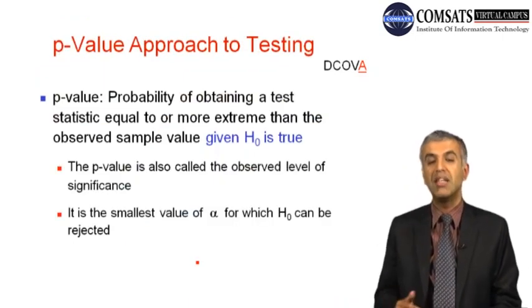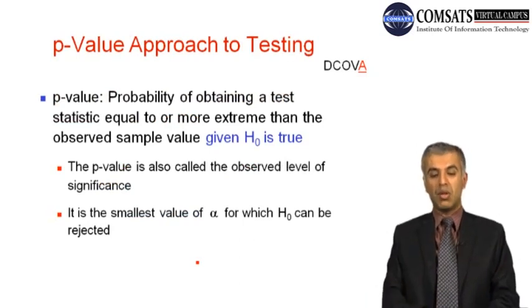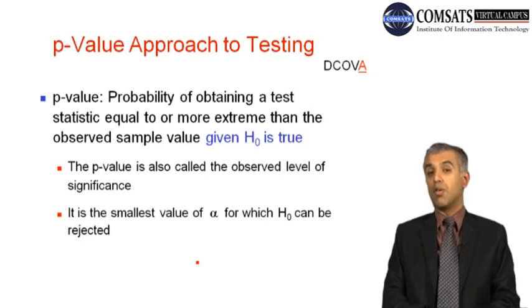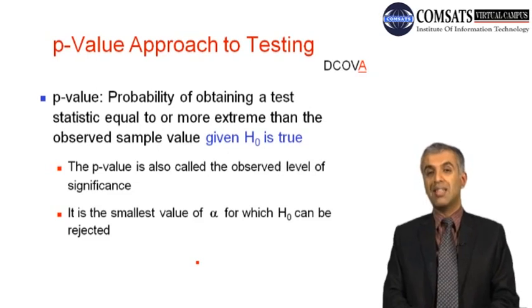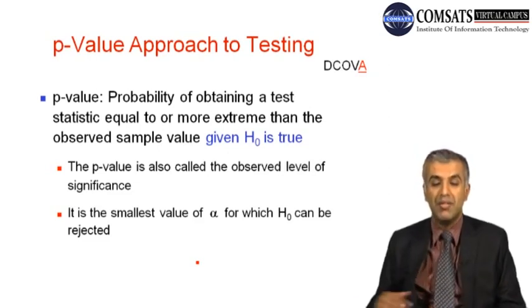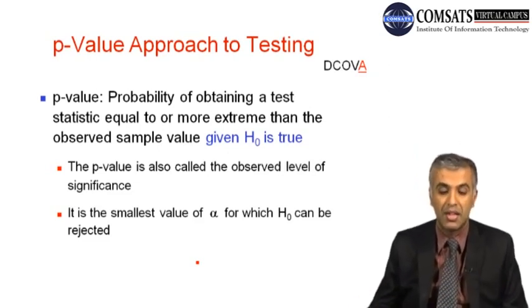The concept of p-value was of vital importance, because the p-value is the smallest value of alpha for which H0 is rejected, and that is why the p-value is reported everywhere. The rejection or acceptance of any hypothesis depends upon the p-values and their significance.